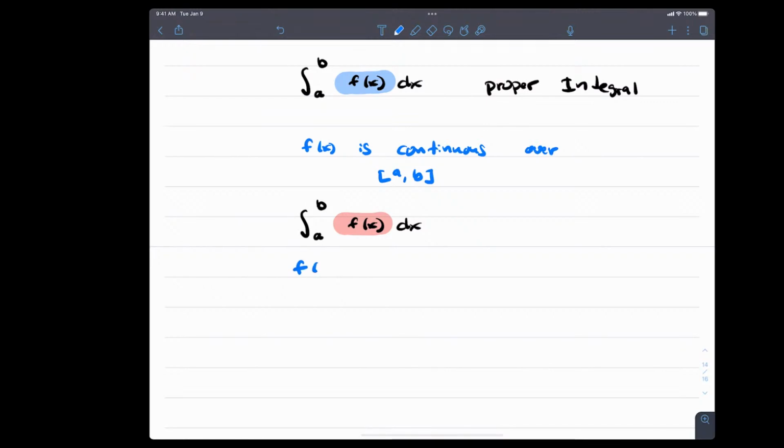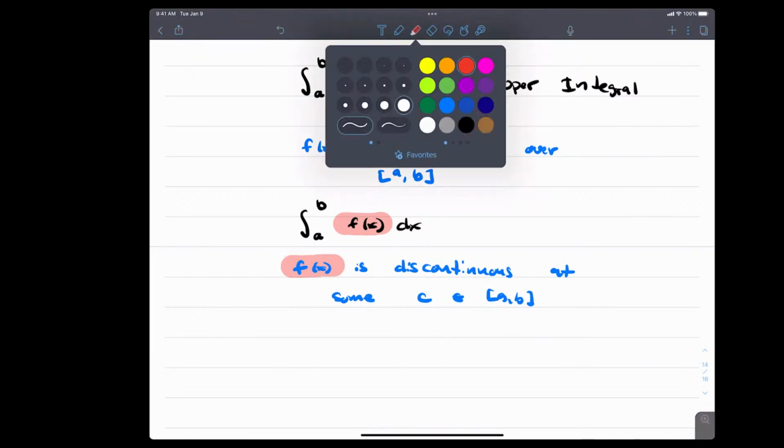F is now discontinuous at some point c in the interval [a, b]. So you got a discontinuous function now. Okay? So this is what we are working with today.